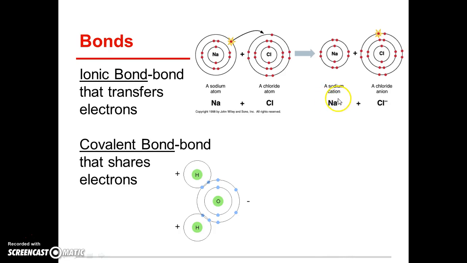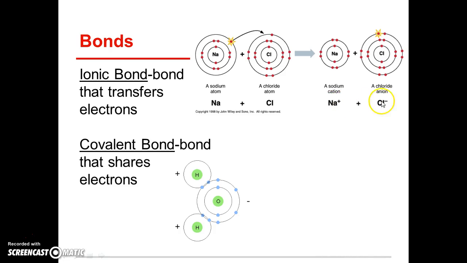That means that there's an attraction happening because of the charge. Here there wasn't so much. And here's chlorine with the gained electron. Because it's a negative electron that it gained, it now has an extra negative charge to it, just 1, because it only gained 1 negative charge. So now they're oppositely charged and they're super attracted.